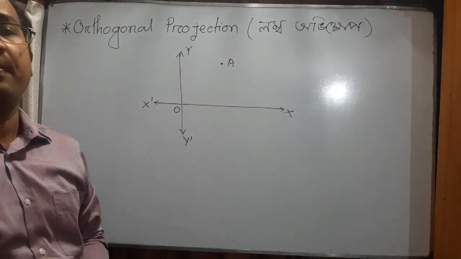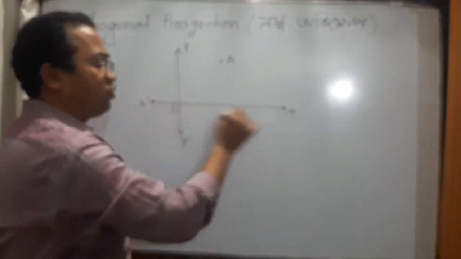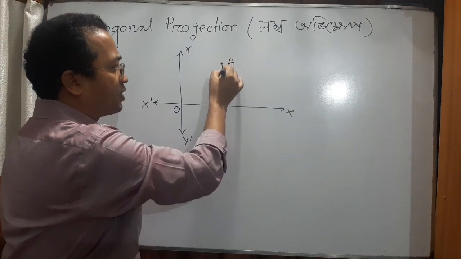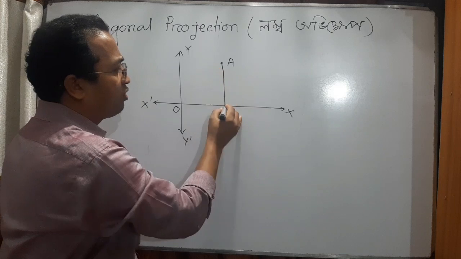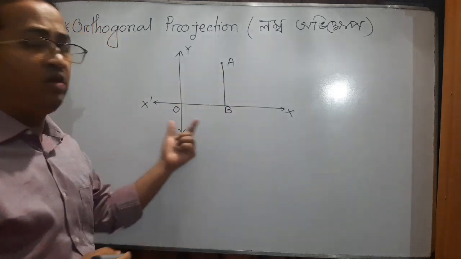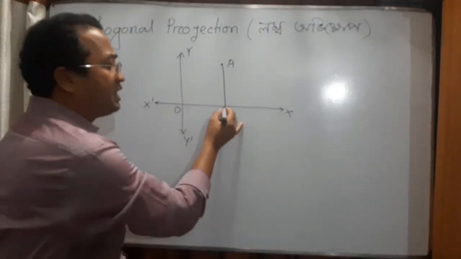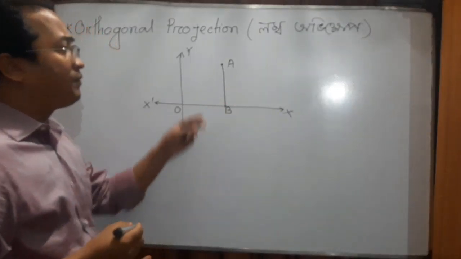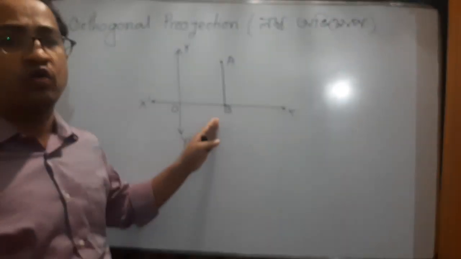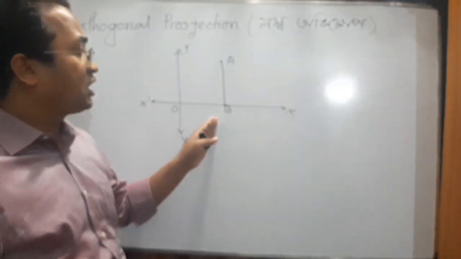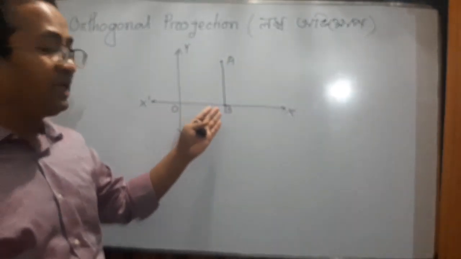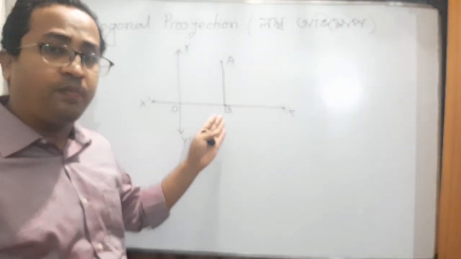You should draw a perpendicular from A to OX. So draw a perpendicular AB to the x-axis OX. B is the foot of this perpendicular. So B is called the orthogonal projection of A.